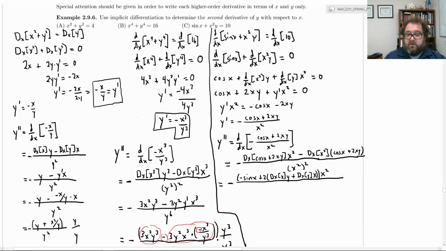Oh, that made this numerator massive. Minus, okay, the derivative of x squared with respect to x is just 2x times the existing cosine x plus 2xy. All right, x squared squared is x to the fourth, equals a negative sign that I didn't forget this time.